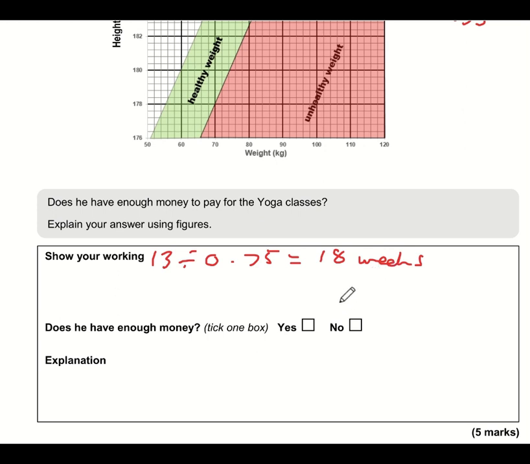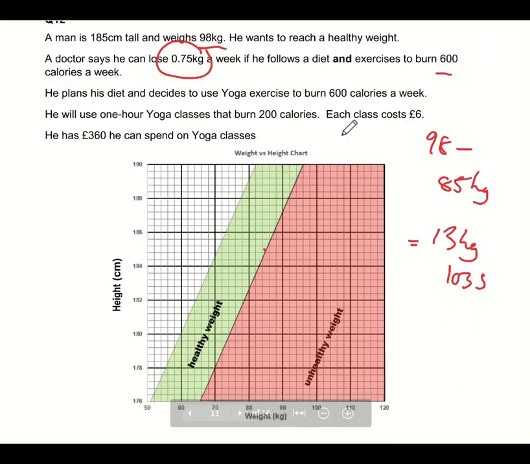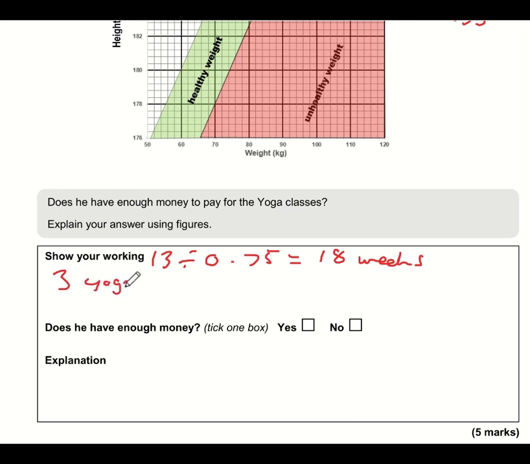Okay, so he can lose that weight in 18 weeks, and he's burning 600 calories a week. So if a yoga class burns 200 calories, how many 200s go into 600? That is 3. So that's going to be 3 yoga classes per week. So if he's doing 18 weeks, that's 18 times 3, which is 54 yoga classes.